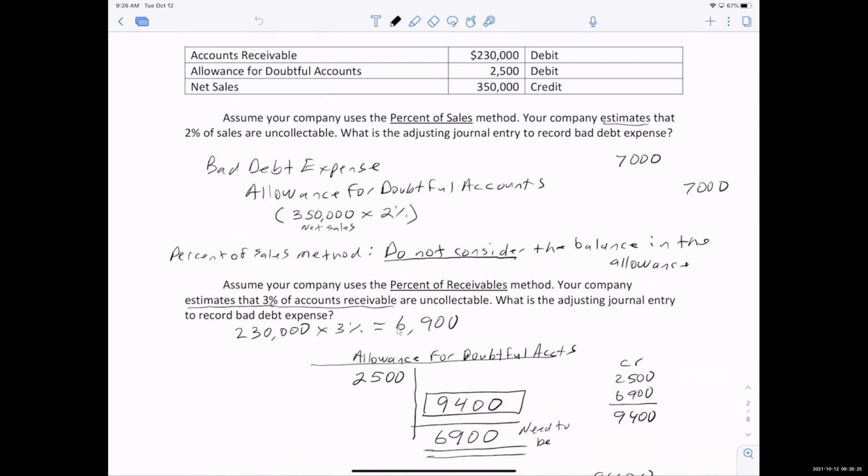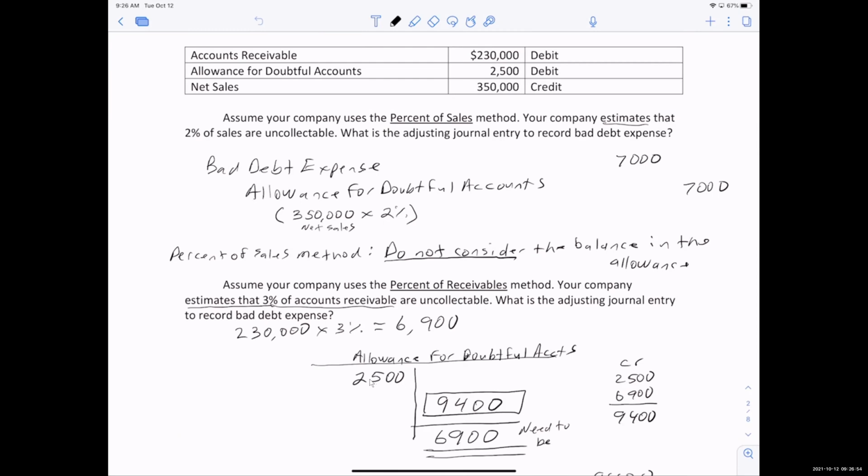And so that's 6,900. That's what we need the allowance for doubtful accounts to be, $6,900, right?